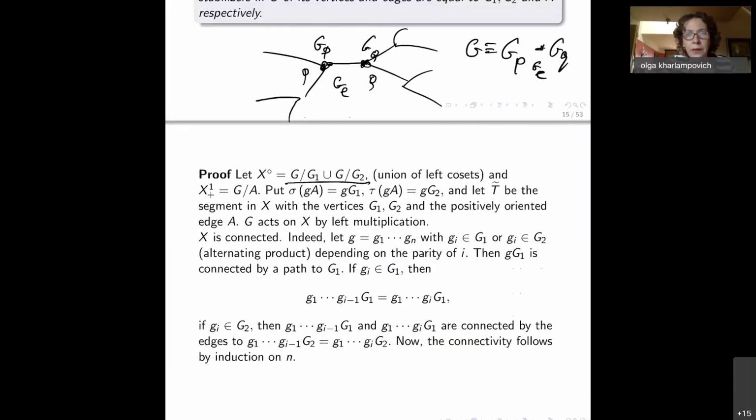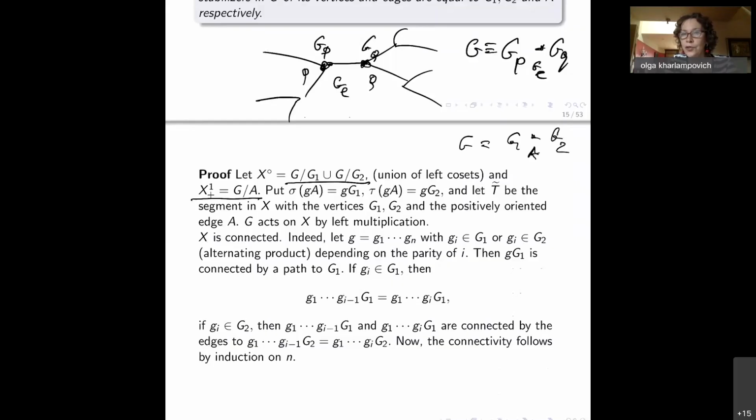The edges are the left cosets of A, like we had G1 over A with G2. So this was our group G. So vertices are left cosets of G1 union left cosets of G2, and edges are left cosets of A.